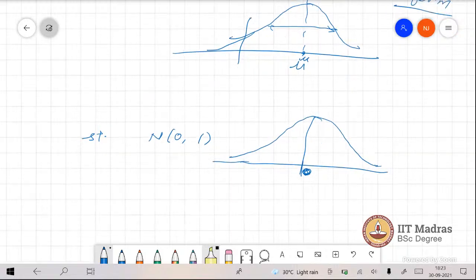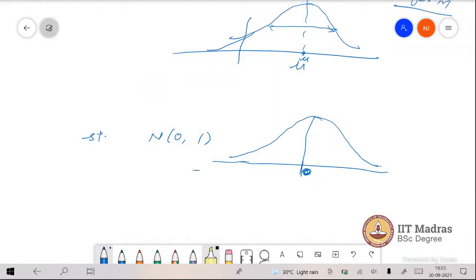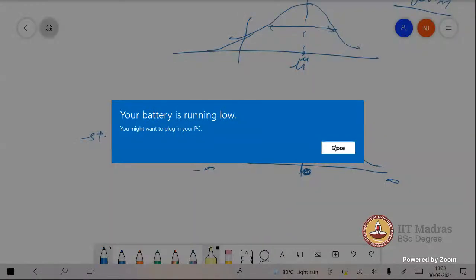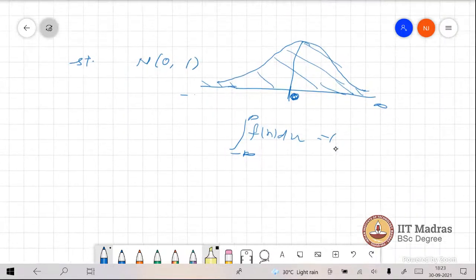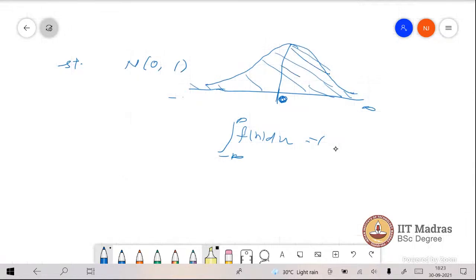Now this is the PDF of a normal distribution. So the area inside this curve is always 1, that is, the integral of f of x dx from minus infinity to infinity is always 1. If you look at the symmetric property, this area is the same as this area, right? So what is the probability that x is greater than 0?